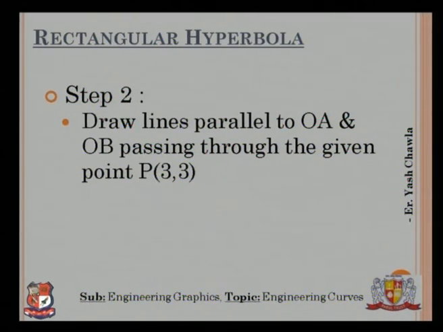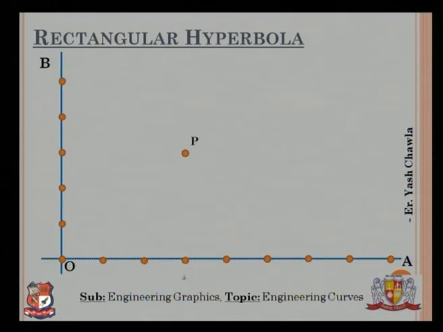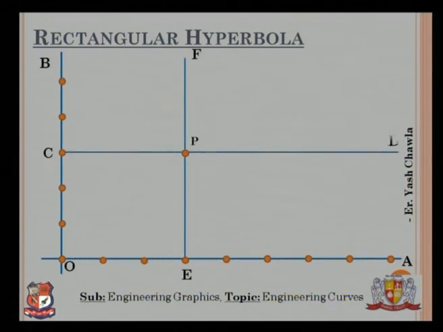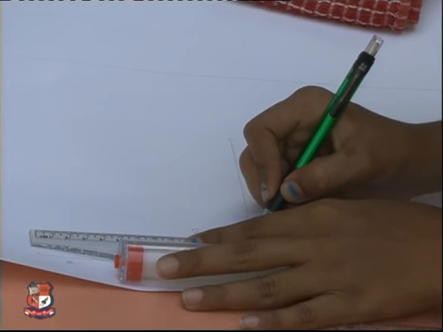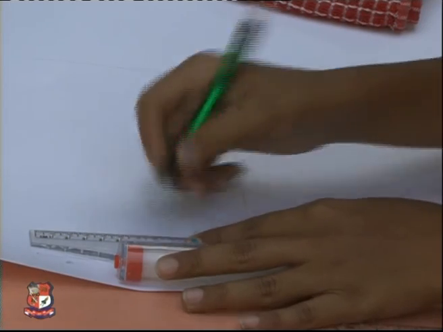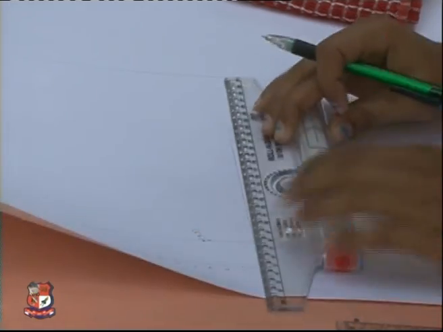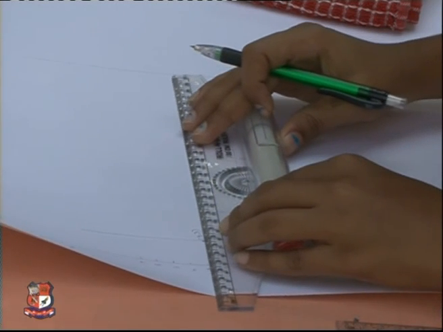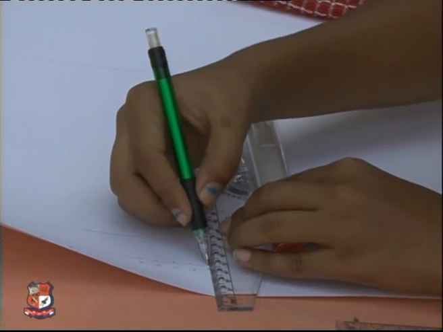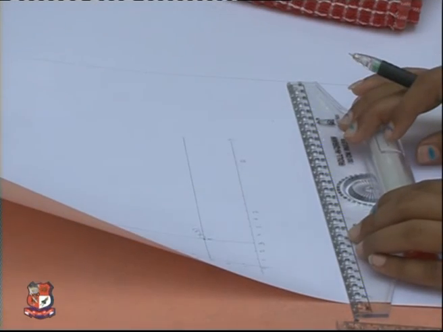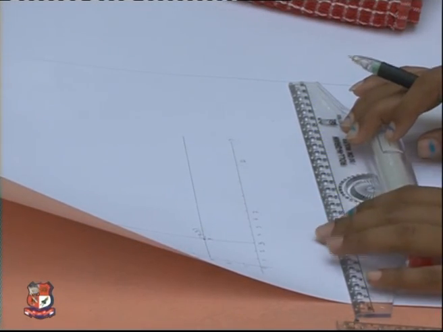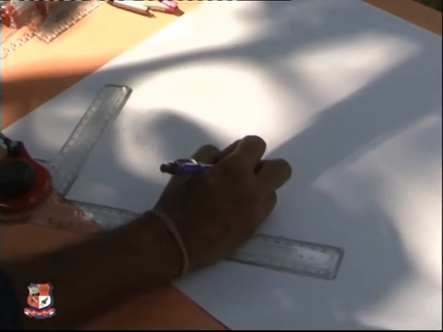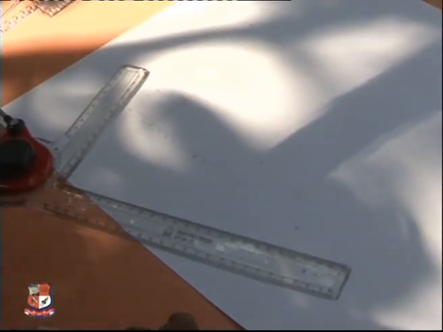So you have to draw first a line parallel to OA and then a line which is parallel to OB. Where is point 3 cross 3? It is here.